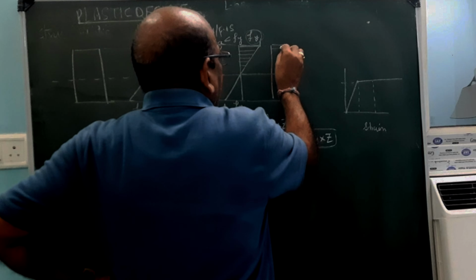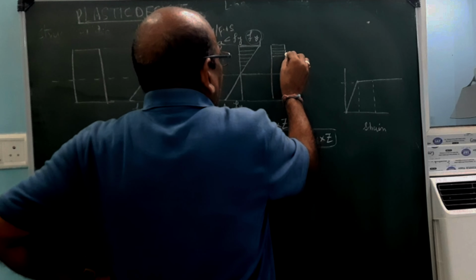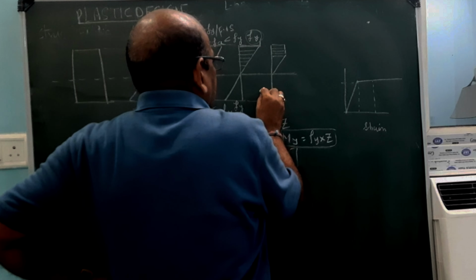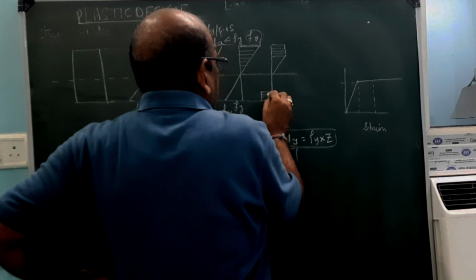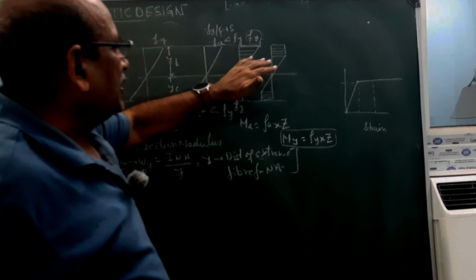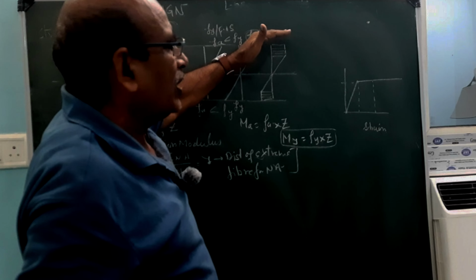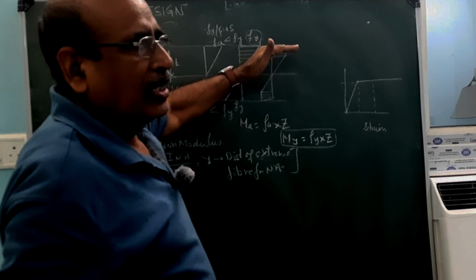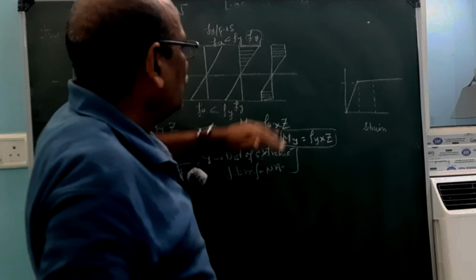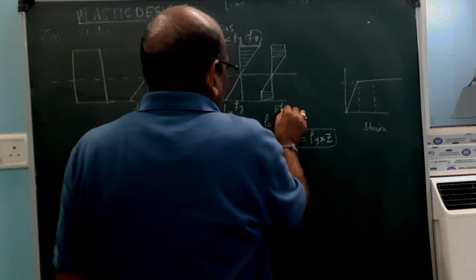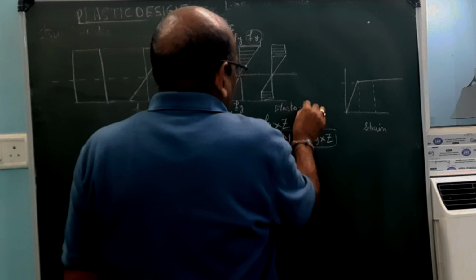So some portion may be stressed, and here you will find this behavior. So some lower fibers are being stressed to Fy. Lower parts are being stressed to Fy, this part. So this is your elastoplastic behavior.